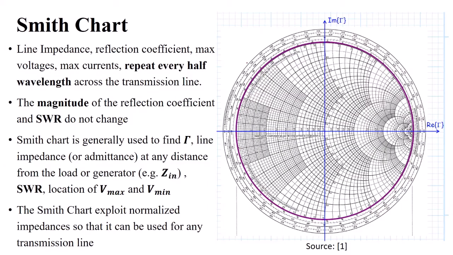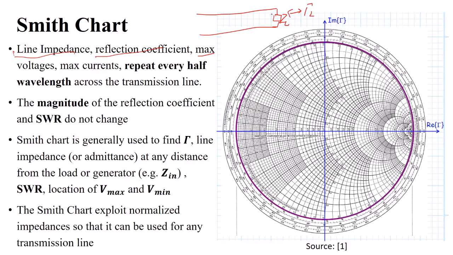Here we see that the line impedance, reflection coefficient, maximum voltage and maximum current repeat after half wavelength. For example, if you have a transmission line with a load connected at this point, then whatever ZL you have, you can find the gamma L for it.